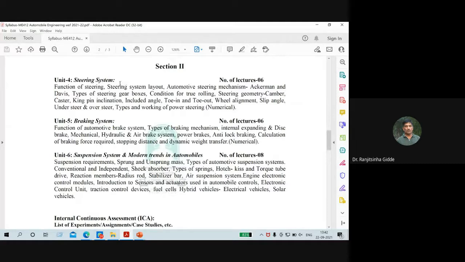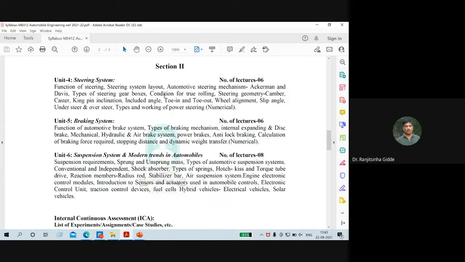So there we are going to see functions of steering, steering system layout, how various components of the steering system are provided, then automotive steering mechanism. Again there are two types of mechanism: one is Ackermann's and the second one is Davis steering mechanism.